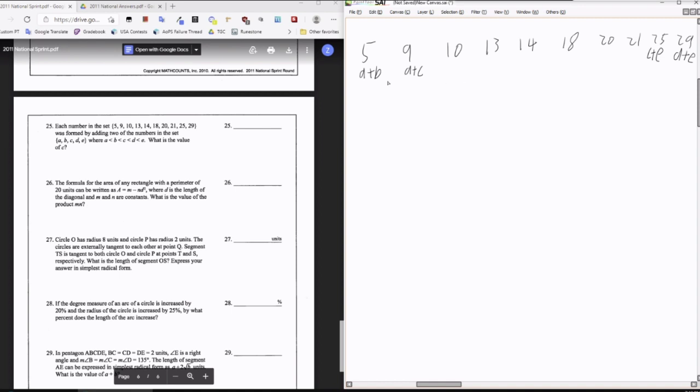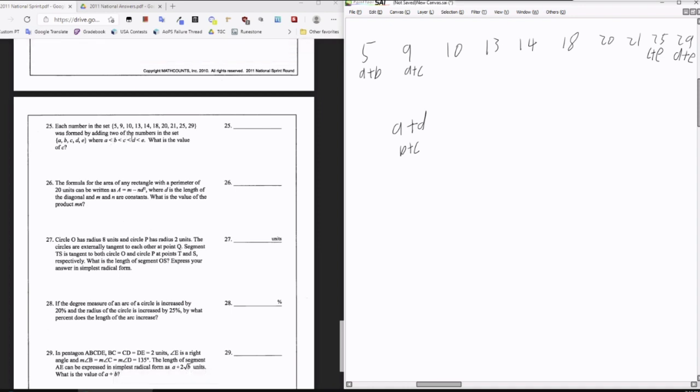Okay, so now we're left with the numbers in the middle. So for 10, 10 can either be A plus D or B plus C, because we don't know whether these two are bigger than each other or not.